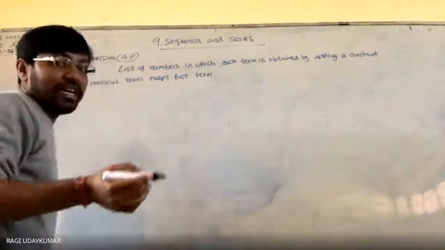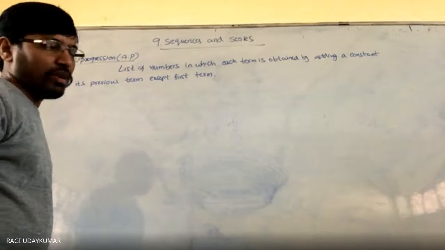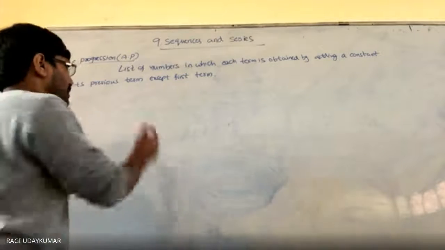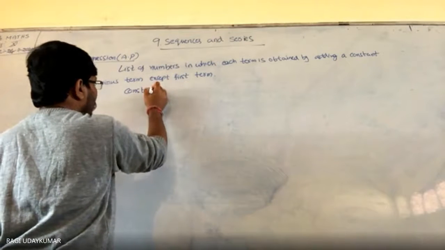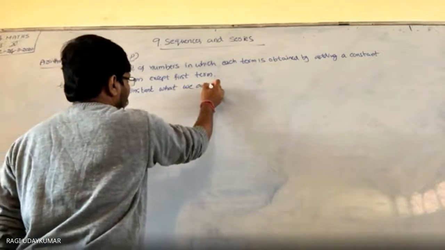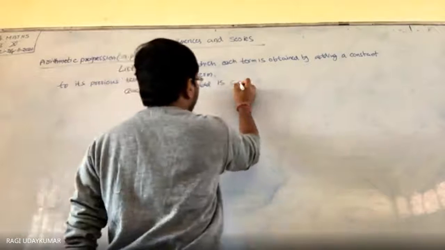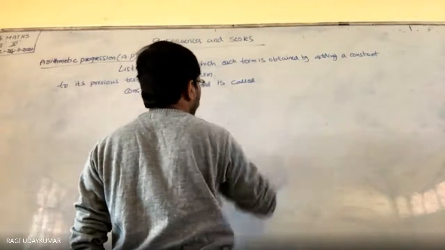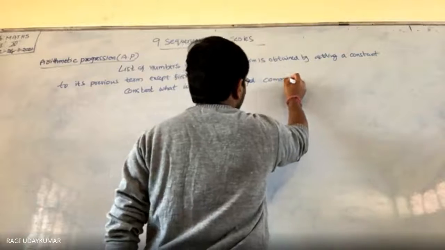Whatever the constant we are adding, the constant we add is called the common difference.